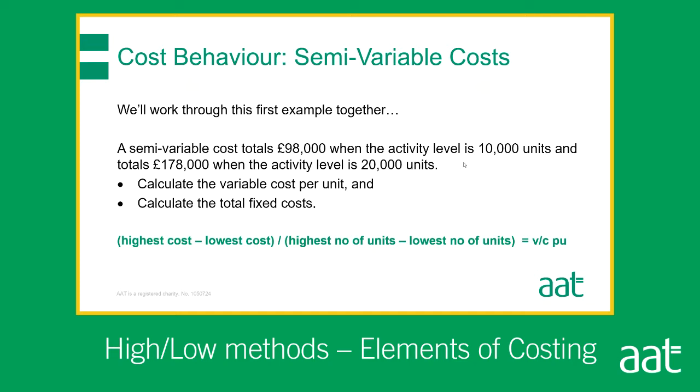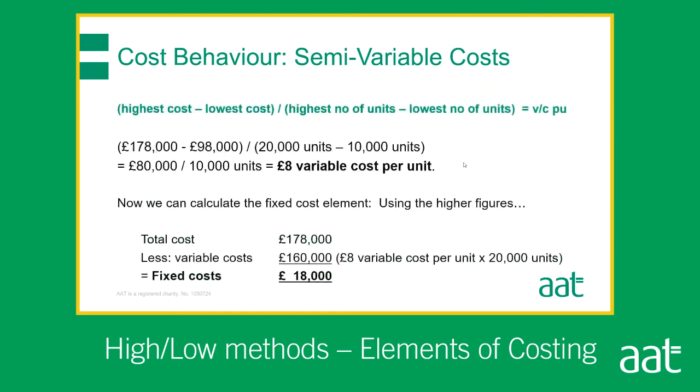I'll move on to the next slide. There are our figures within our formula. We have £80,000, the difference between our highest and lowest cost, divided by 10,000 units, the difference between our highest and lowest number of units, which gives us £8 variable cost per unit. So that's the first bit.